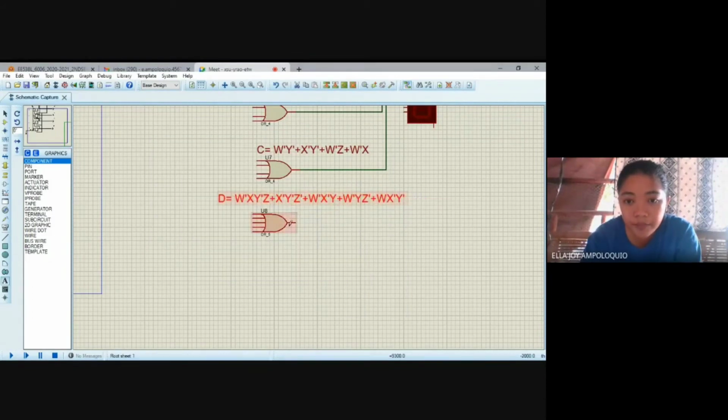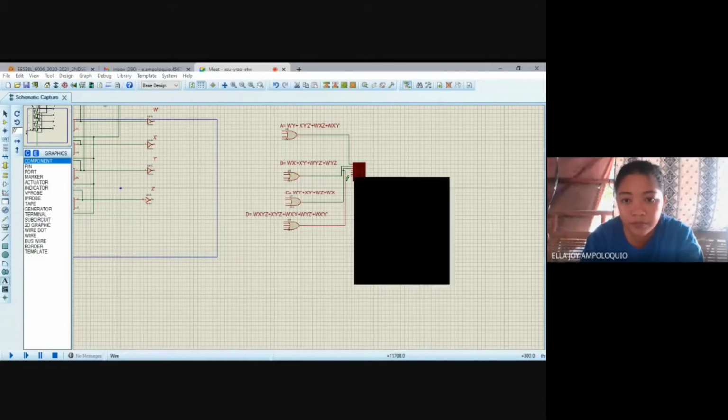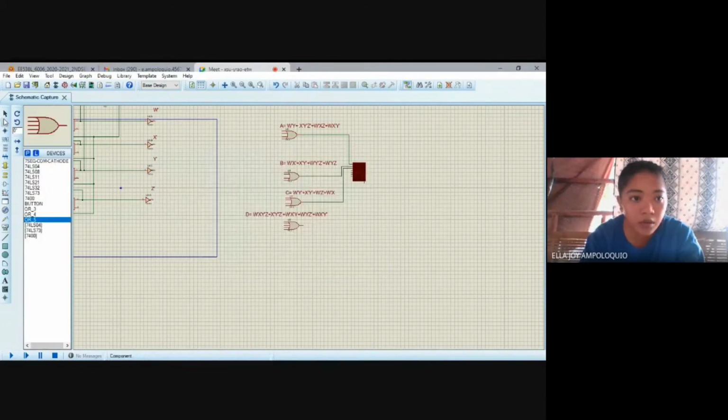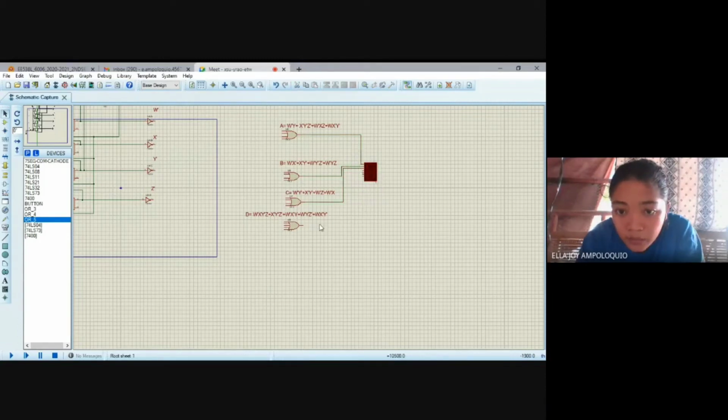Here, I drag it first so that I will connect here. I will first move it so that it's not hard for me. And we'll connect it here.